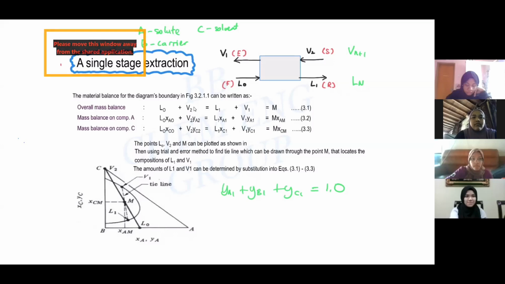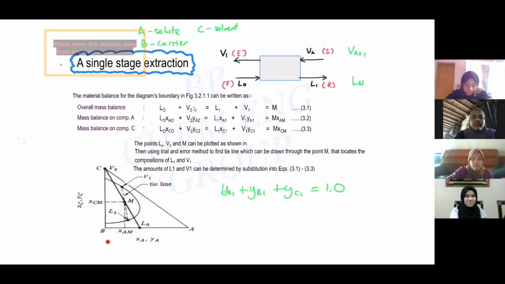But what we're going to use in the exam, in our syllabus, is only the right angle triangle diagram, where you have two axes only, A and C. So don't mix them up. If you swap them, actually there is no problem to put A here and C here, but the curve will also be reversed, in a slightly different shape.